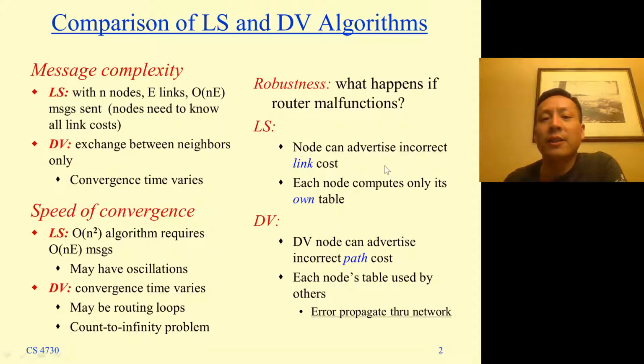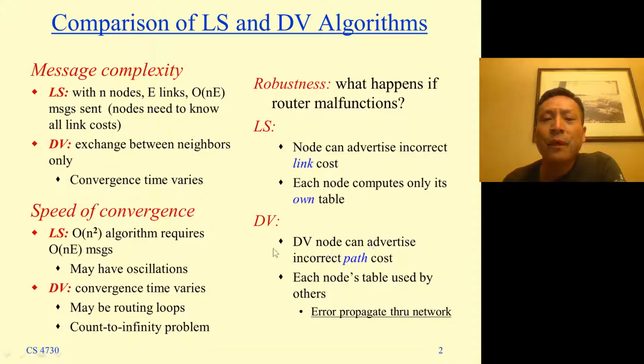In a lot of cases, if you have some malicious node, then it will be difficult. Because we require that each node calculate its own routing table locally, by default you have to trust whatever the other nodes send to you. So you get the graph and then calculate the shortest path.